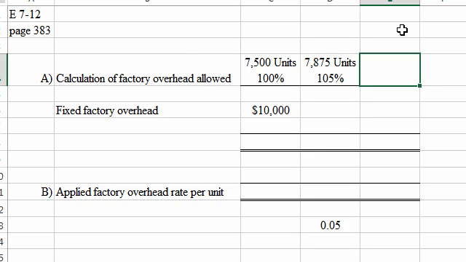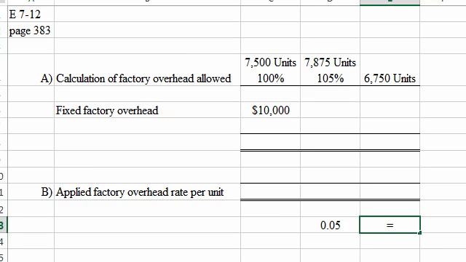Okay, and then in month 2, we have 6,750 units. Sorry, it's hard for me to talk and type sometimes at the same time. What percentage is that? Well, that's below capacity. By how many units? 750 units.